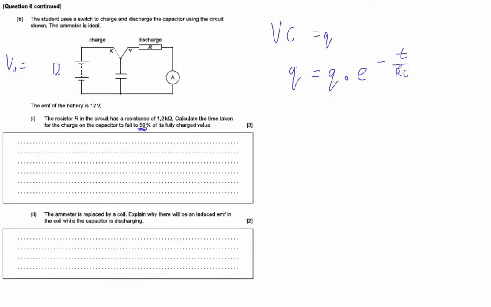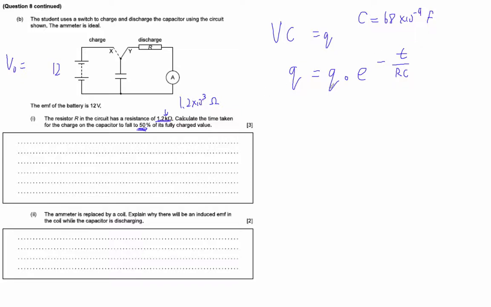We know the resistance is 1.2 times 10 to the third ohms, that's what the k is. And then we know the capacitance is 68 nanofarads, so C is 68 times 10 to the minus ninth farads.